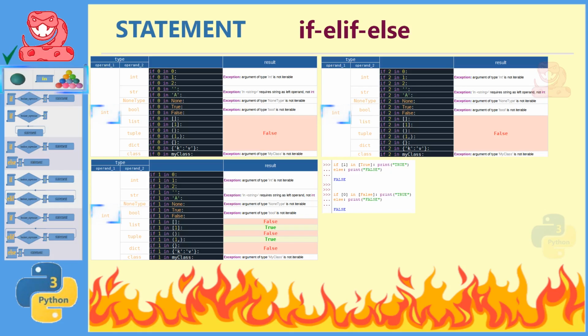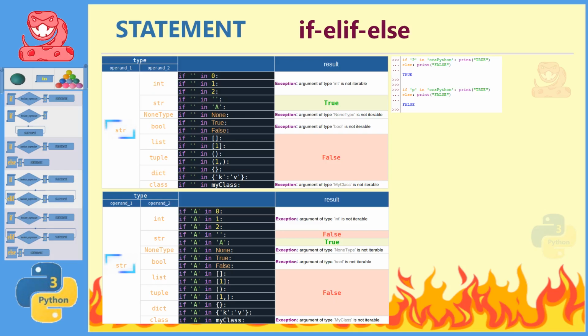Membership checks if the left operand is a member of the right operand. Note that in this comparison, false is no longer considered as 0 and true as 1. You can only search for a string within another string. Character case matters during the search.